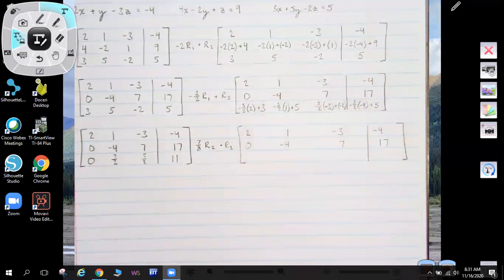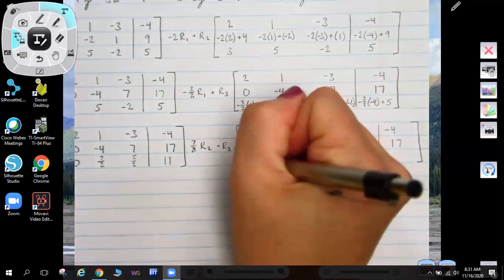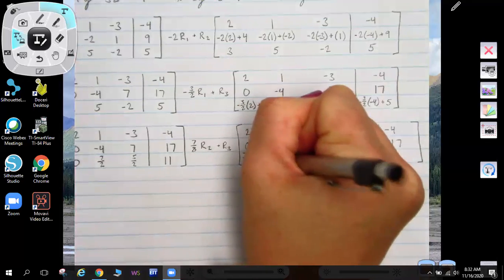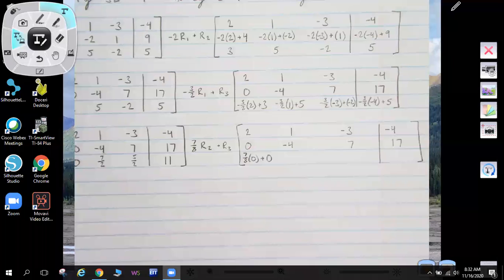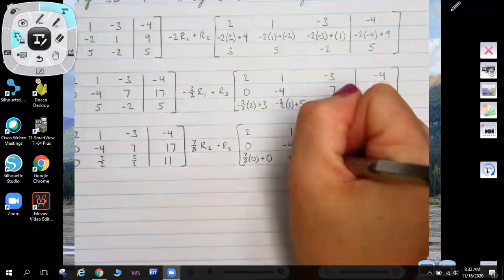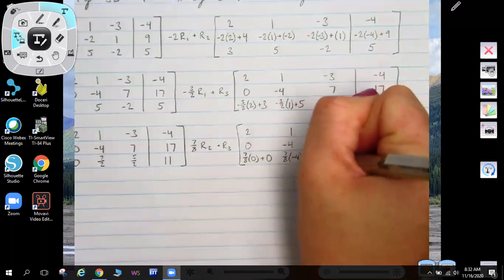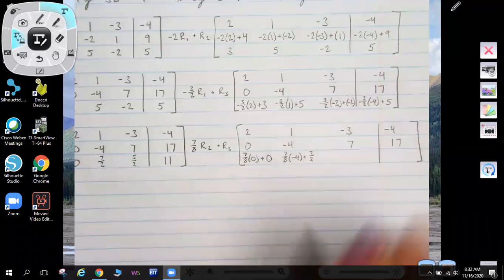What we're changing is the third row, and we're using this formula to do it. 7/8 times row 2, so 7/8 times 0, plus row 3, which is 0. Second number, we've got 7/8 times row 2, which is -4, plus row 3, which is 7/2.